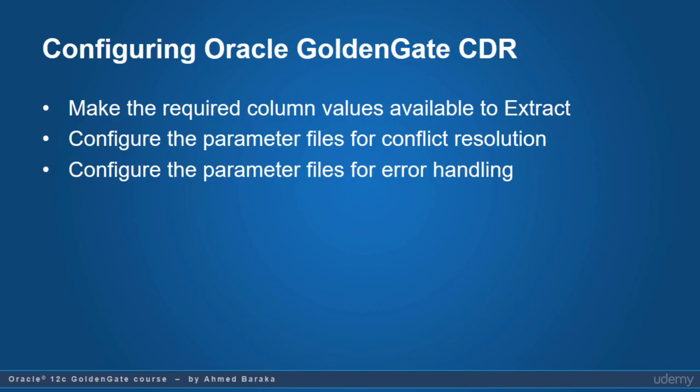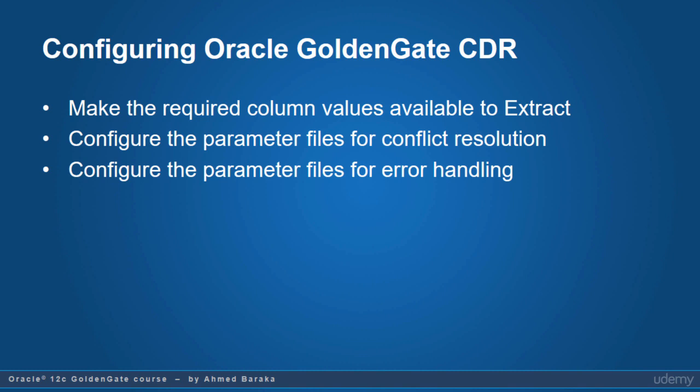To configure the CDR, you typically implement 3 steps. First, you make the required column values available in the database transaction logging file. You do so by enabling the supplemental logging option on the required columns, as you learned earlier in the course. Then you configure the parameter files of all the processes to handle the conflicts.